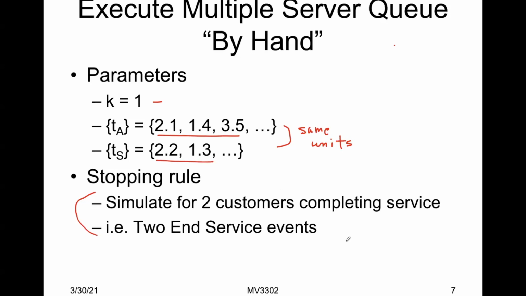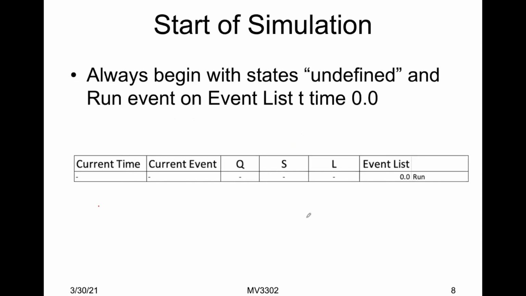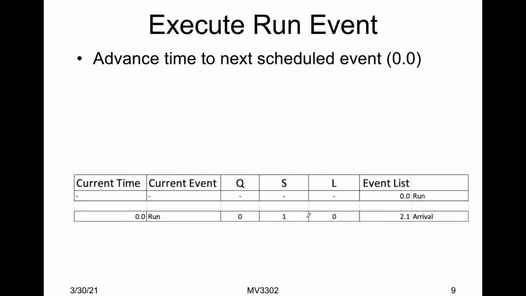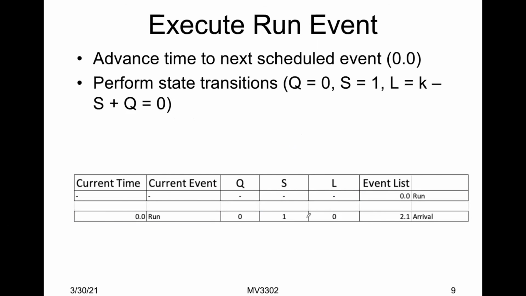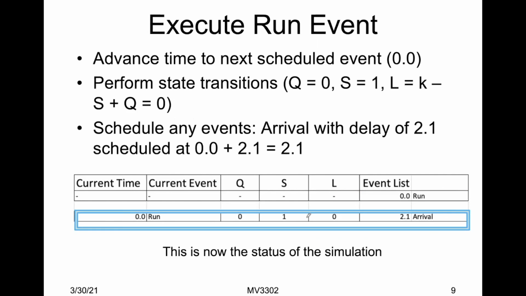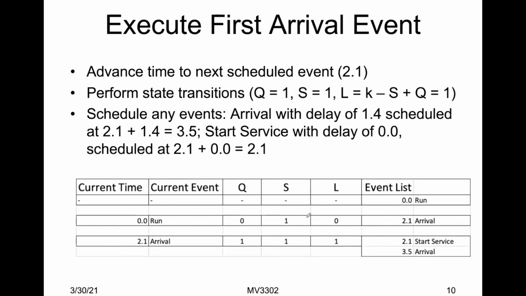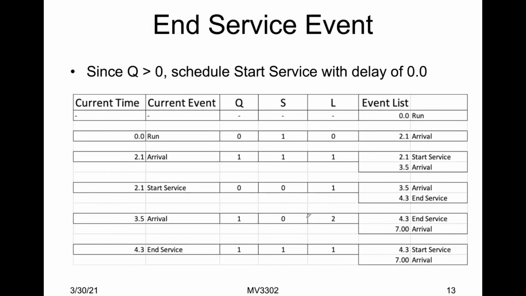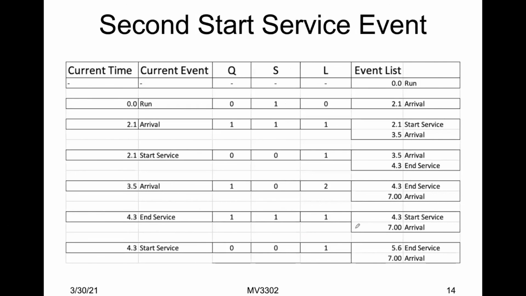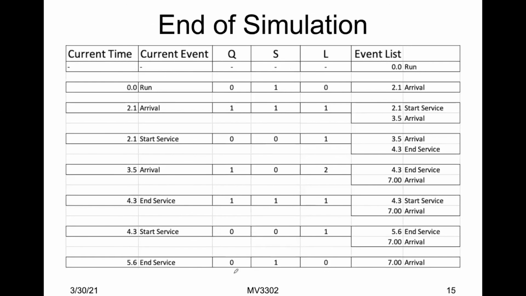Okay, so this is everything that we just did by hand. In the slides, I listed it, see, when this arrival happened, I put it here. And at this point, we had the end service, and so then we can say it was all done.